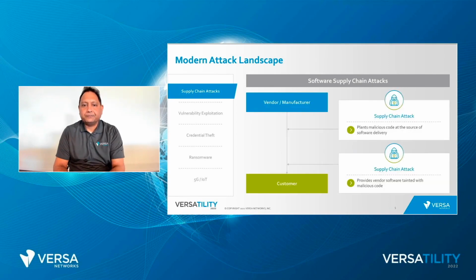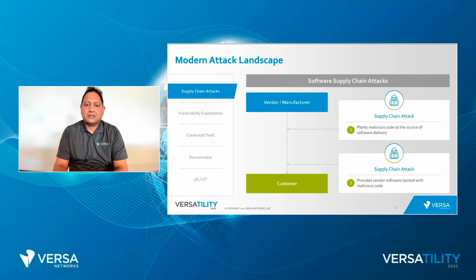Now we'll look at software supply chain attacks. Here, the attacker is trying to compromise the software delivery process, where there's a software supplier, and the customer is getting the software from the software supplier. The attacker is targeting a specific customer, right? So what they could potentially do is masquerade, hosting the software within their environment, and they pretend to be delivering a software image that is provided by the actual vendor, but what they have done is embed their own malicious software within the original software provided by the vendor.